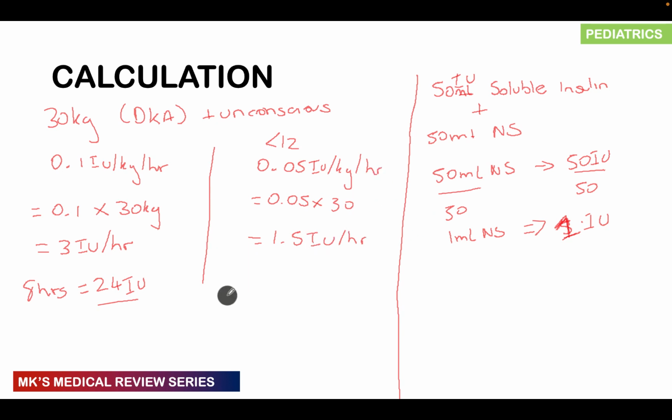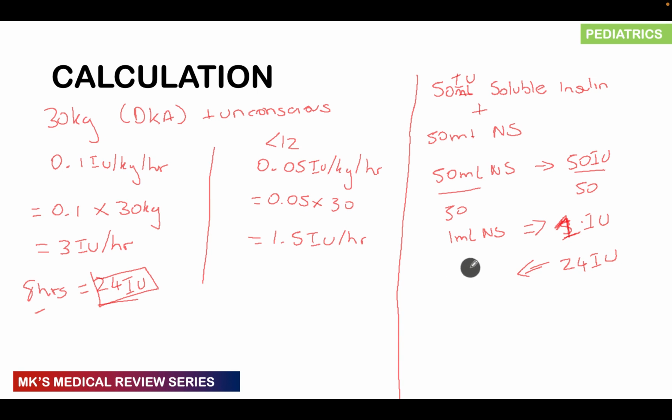So now this is where we get to this particular 8-hour regimen. We're going to be giving the insulin as an infusion over 8 hours. So this same 50 mils that you have created, you want 24 international units to go in 8 hours. So if 1 mil is equal to 1 international unit, the 24 international units that you need to give in 8 hours is going to be equal to how many mils?